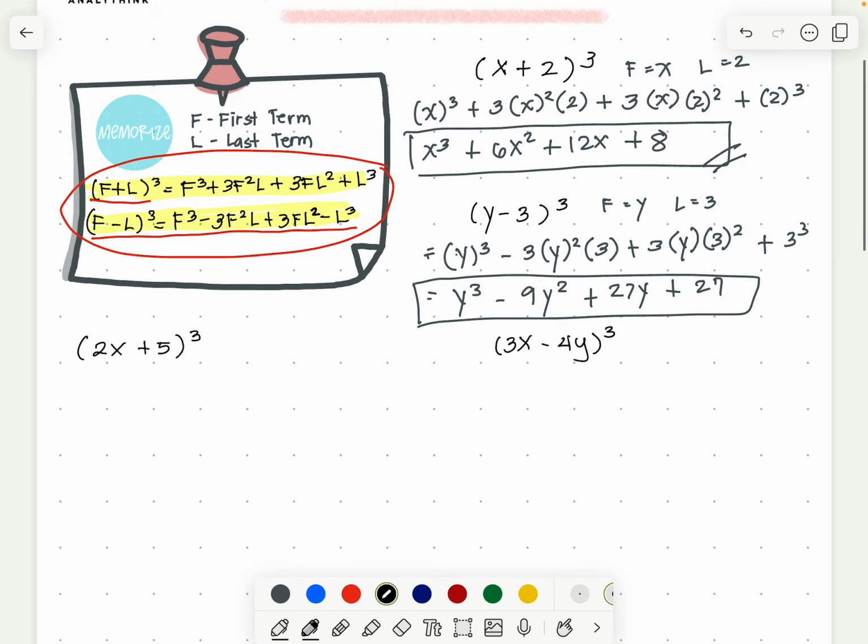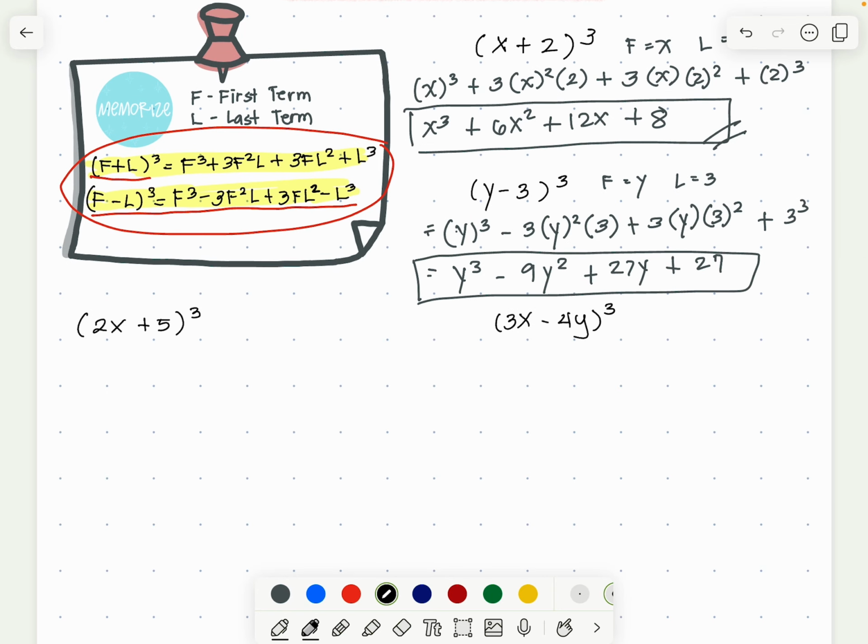Okay, so next, let's say you have 2x plus 5 cubed. So your first term here would be 2x, and then your last term here would be 5. Now, following the pattern, then you have 2x cubed plus 3 times your first term squared, 2x squared, times your last term, which is 5, plus 3 times your first term, which is 2x, and last term squared, plus last term cubed.